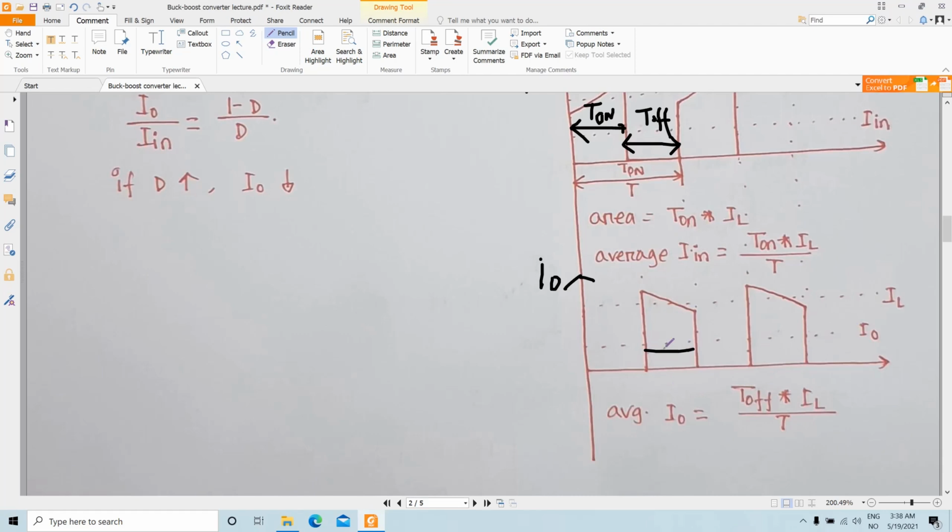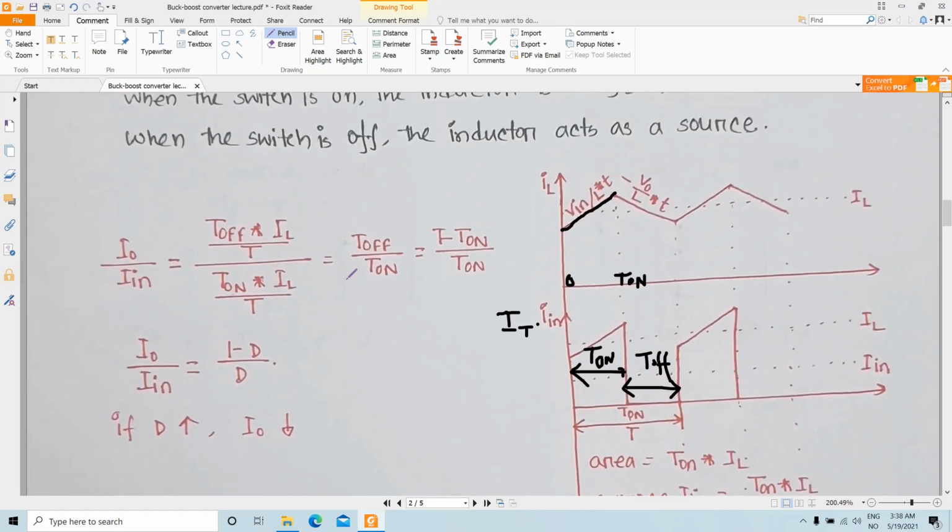That means if this part is reduced, then your I out will go down. So this is your average I out, which equals T off multiplied by IL divided by T.